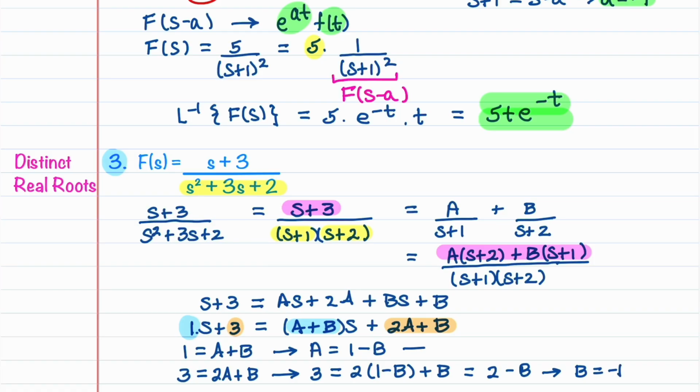And then if we come back up here to a, we get that a is equal to 1 minus negative 1, so we have a is equal to 2. There's our a, and there's our b.